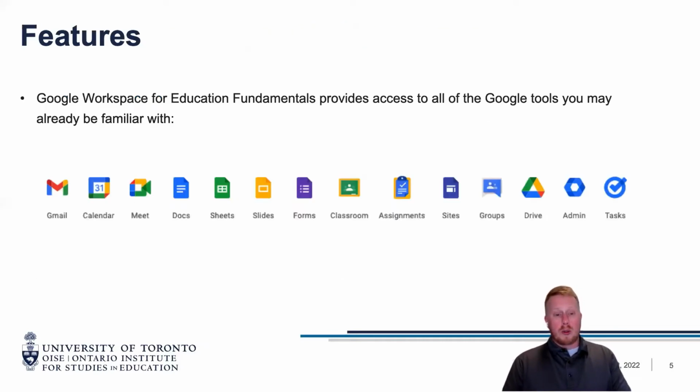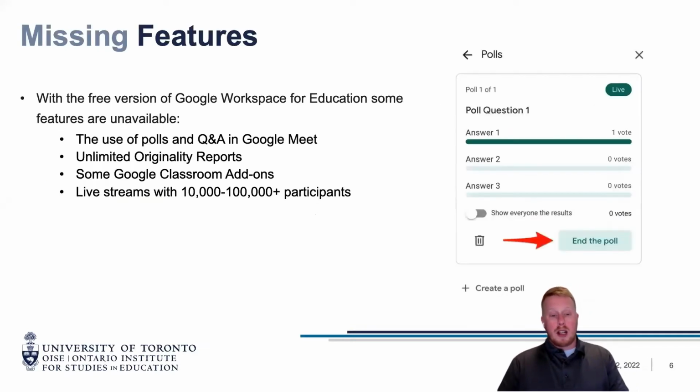We have the Google Workspace for Education Fundamentals Edition, which is the free version. So you get access to all of these great tools you can see kind of above me right here. There are some limitations with using the free version. I know TDSB is also using the free version, so you might have already had some of these challenges. But a few things that you won't have access to are the use of creating polls and Q&A during your Google Meet virtual meetings, unlimited originality reports.